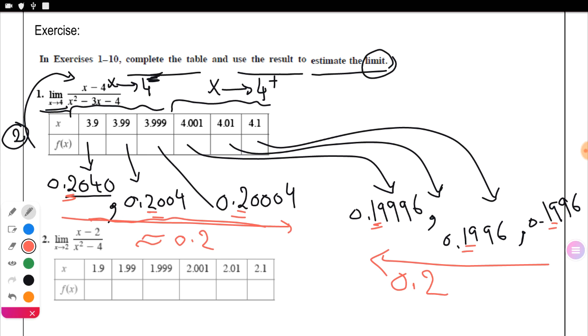Someone else might tell me, Miss, I round to two decimal places, 0.20. 0.20 is the same. If you round to the nearest tenth, or to the nearest hundredth, no problem. But both sides must be rounded to the same decimal place.